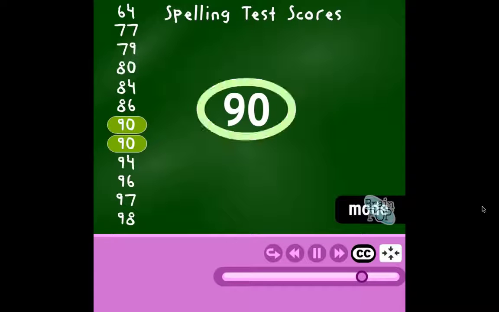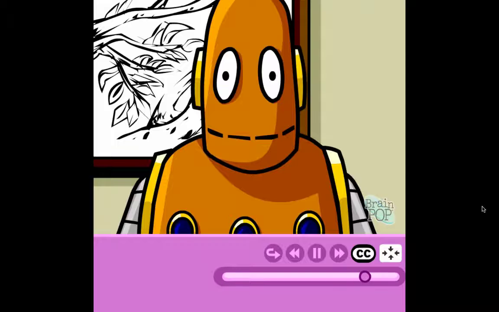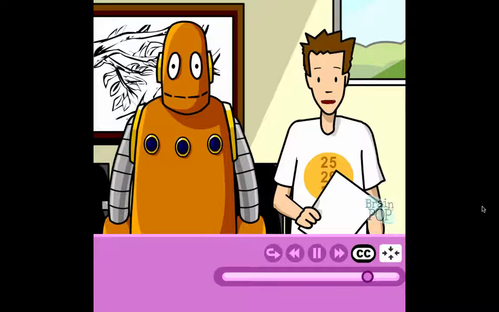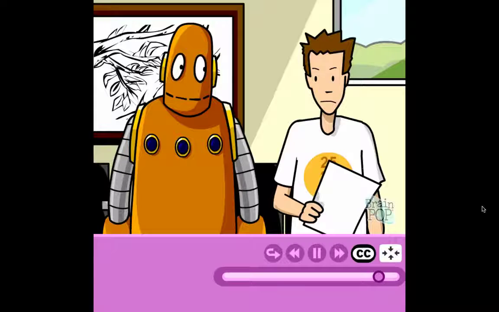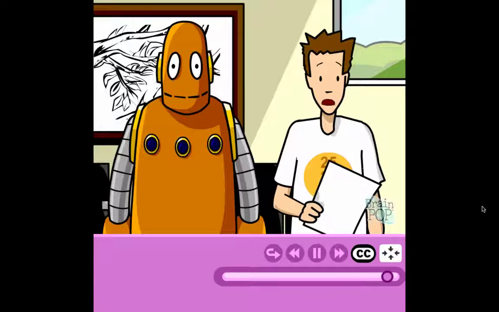And that's our mode. So, it's useful to know the mean, median, mode, and range when you're comparing sets of scores like this. I'm not telling you what I got on the spelling test. Don't you understand English? This test is mine. M-I-N-E. Mine. Go away.